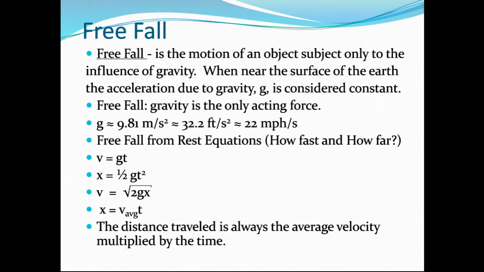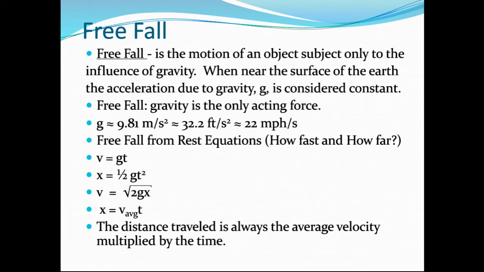So once again, this last formula here, the distance traveled, is always the average velocity multiplied by the time. If you watched a few of those other videos I mentioned, when you're comparing instantaneous velocity or instantaneous speed with average speed for the same time interval, you will find a relatively surprising result.